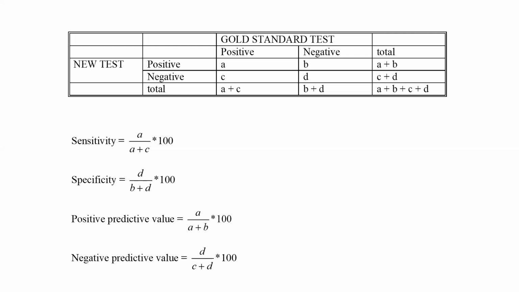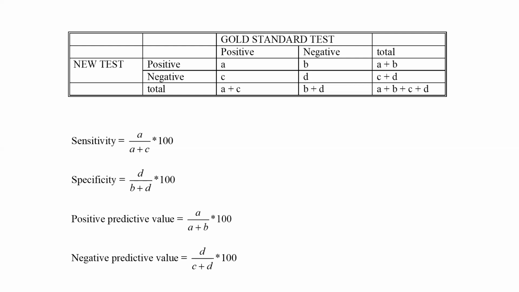It will identify more people with disease, but there will be more false positives also. But we don't have to worry about the false positives because we don't want to miss anything.